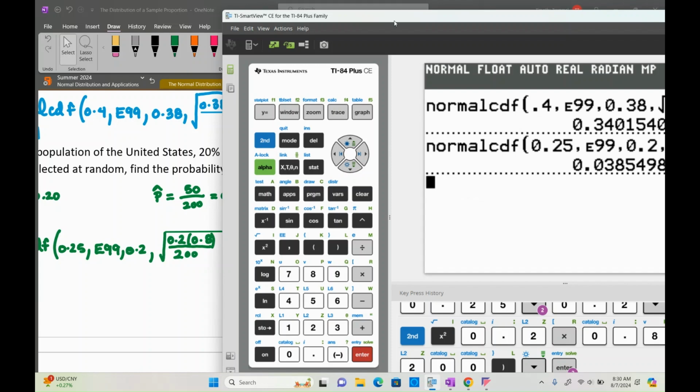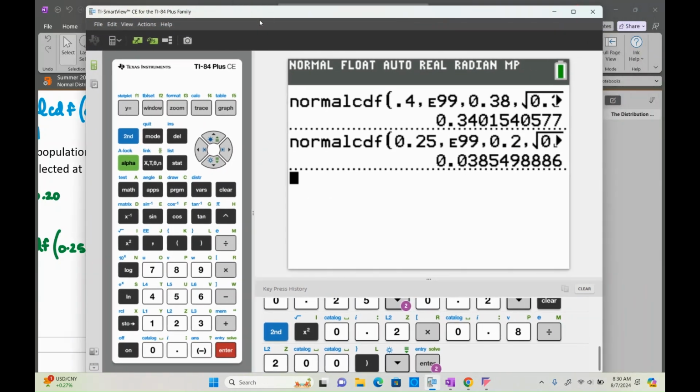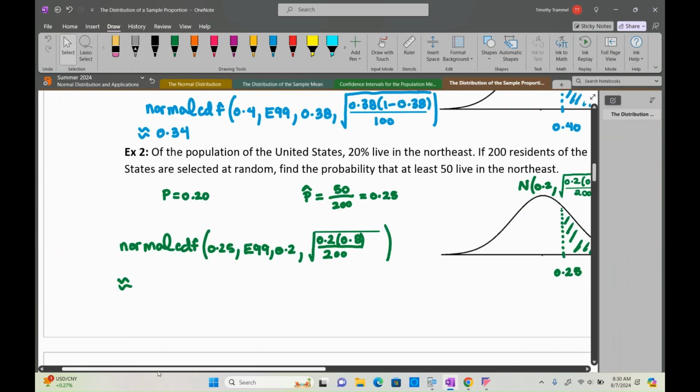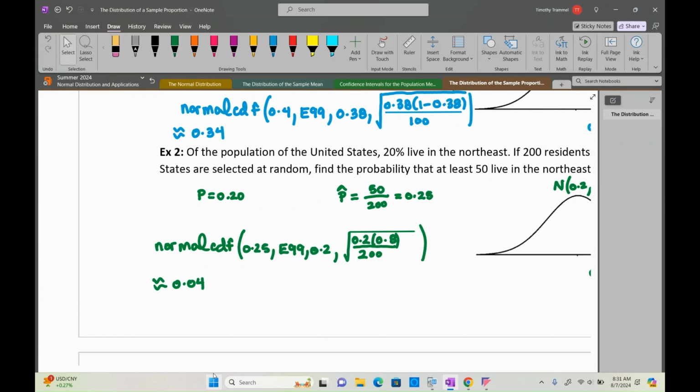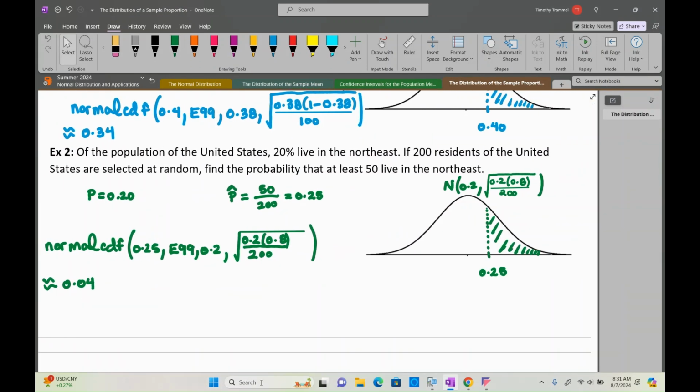And there we go. If I scoot this over, we're getting about 0.04. So with this large sample, it would be pretty unlikely to end up with 25% or more of the people being from the Northeast.